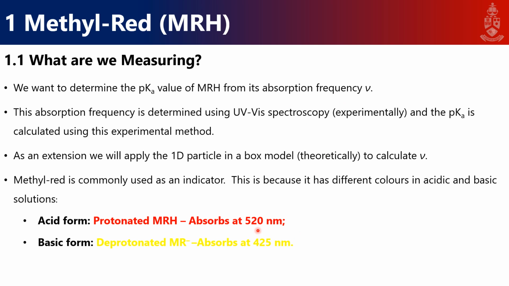In the acidic form, it absorbs at 520 nanometers, and in the basic form at 425 nanometers. And that is why the experiment is actually possible, and we can use this information to calculate what we want and get the pKa. Okay.